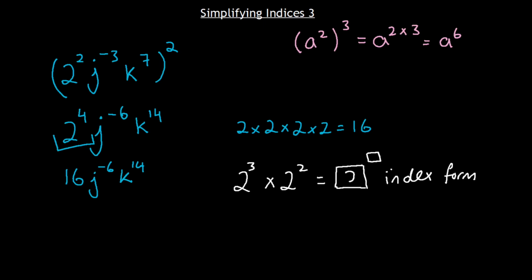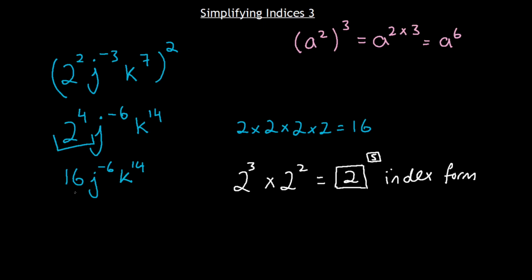So in this case 2 to the power of 5. So this is only if you're asked to leave your answer in index form. If I ask you to simplify, then you would simplify and usually leave it in index form, and the question will tell you to anyway.